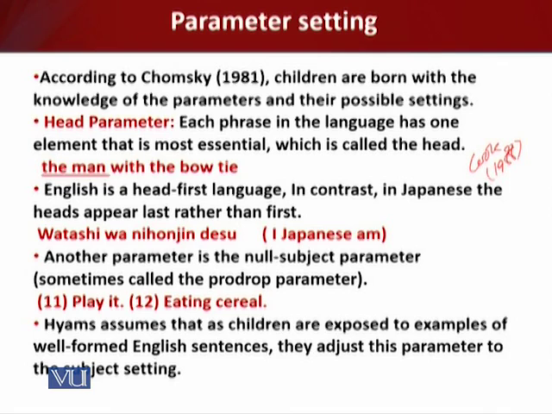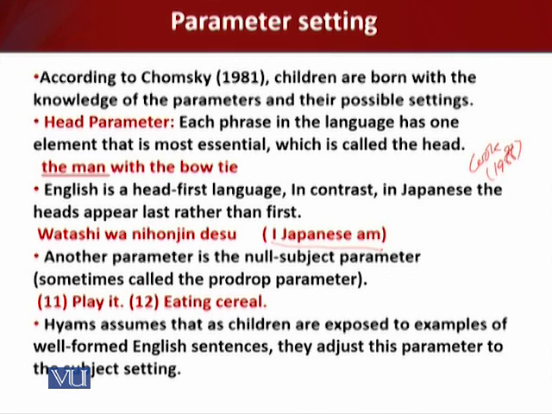Now in this sentence, the head, the man, appears to the left of the phrase, and once we know that English is a head-first language, we know that this principle applies to all types of phrases in the language. In contrast, in Japanese, the heads appear last rather than first. This is a general characteristic for Japanese. For example, Japanese has postpositions rather than prepositions.